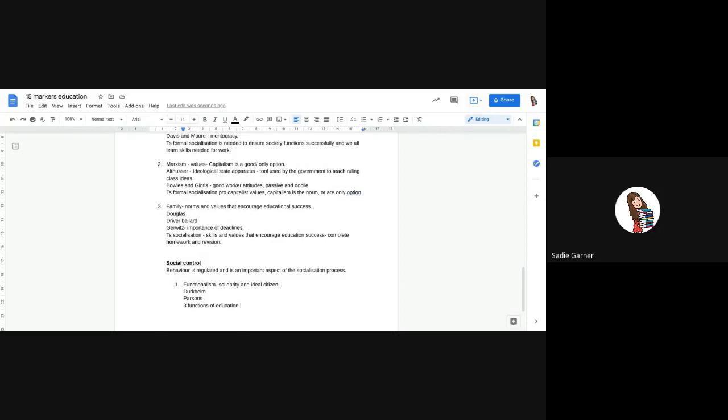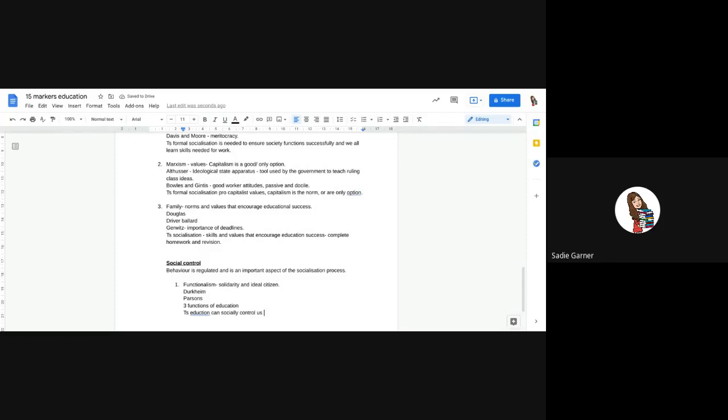So functionalism, end of that paragraph. This shows that education can socially control us, and this ensures society functions.